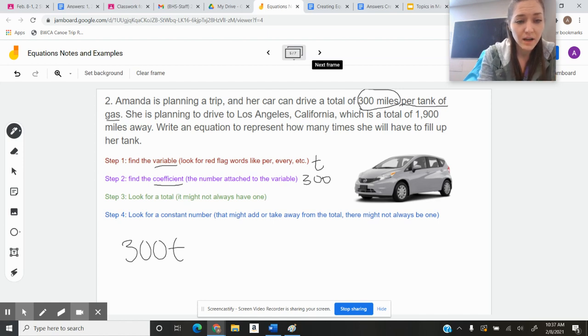Amanda is planning to drive to Los Angeles, California, which is a total of 1,900 miles away. Perfect, there's my total. And I don't have a constant number that might add or take away from this 1,900.